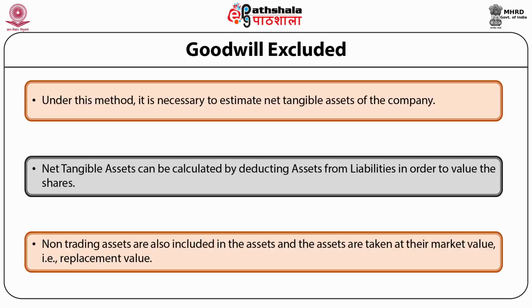The amount so arrived at would be divided by the number of shares in each of such categories to get the value of each share of such categories. If the preference shares are participating and rank equally with equity shares, then the value per share would be in proportion to the paid up value of preference shares and equity shares.